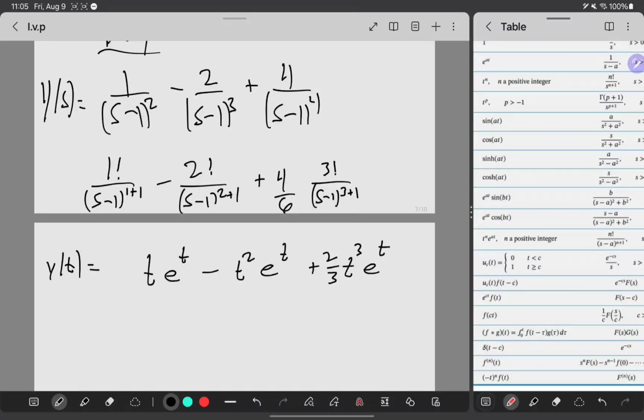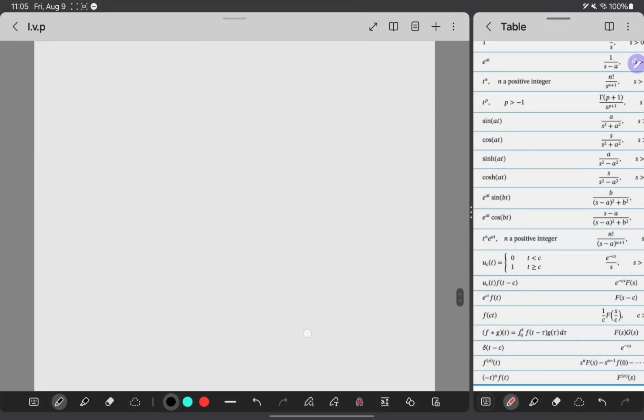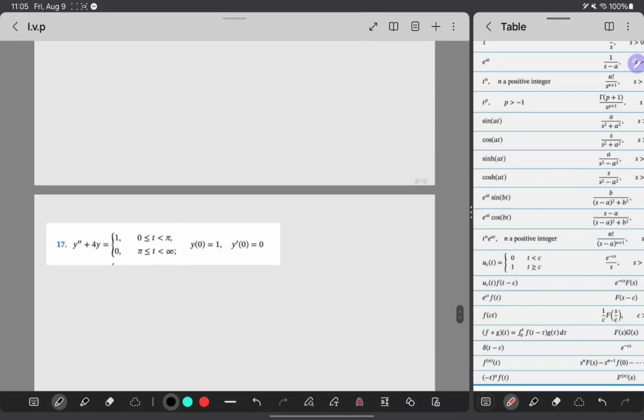Okay, I still have 2 more questions left, so I'm going to get moving on now. Piecewise. How fun. Let me see. 17. Oh, this one's not too long, by the looks of it. Okay.